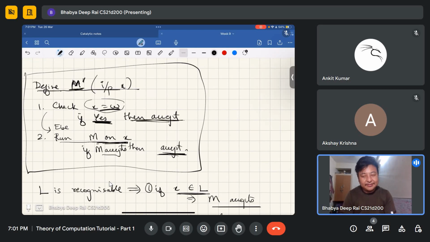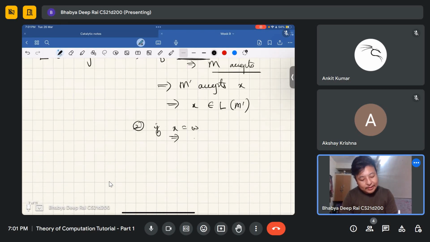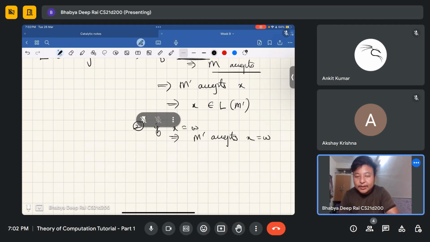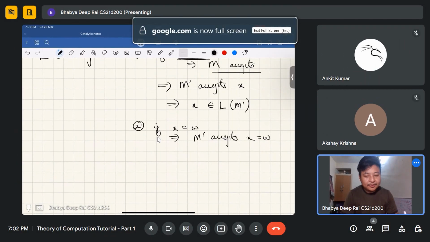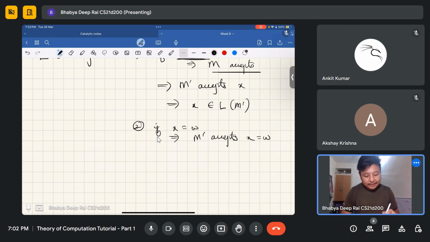So if M prime accepts W, W is in the language of M prime.